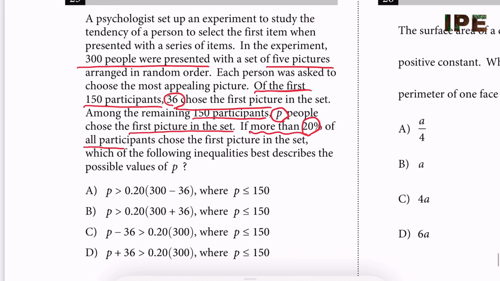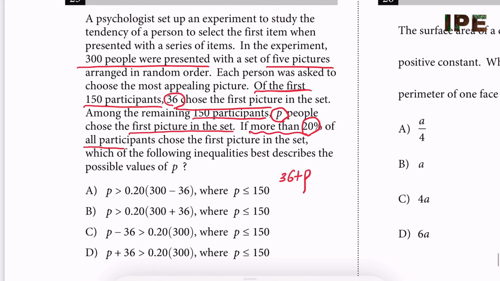Among the first 150 participants, 36 chose the first picture. Among the second 150, P people chose.